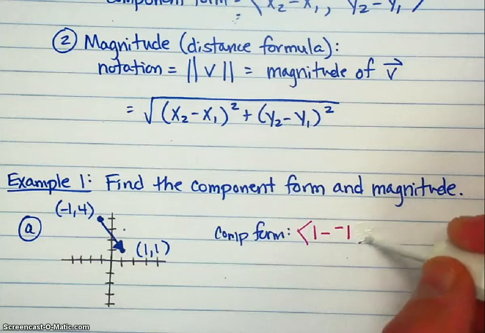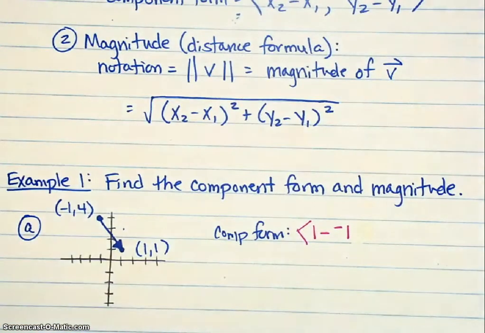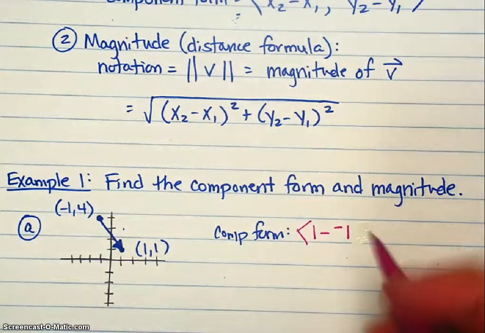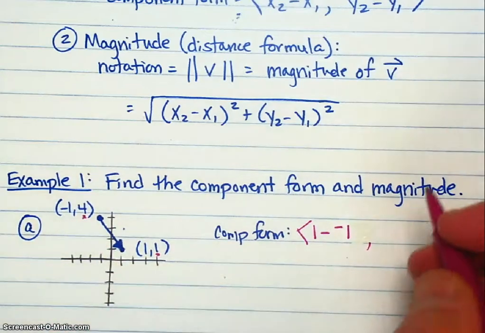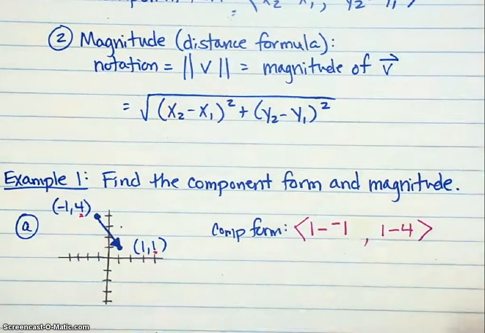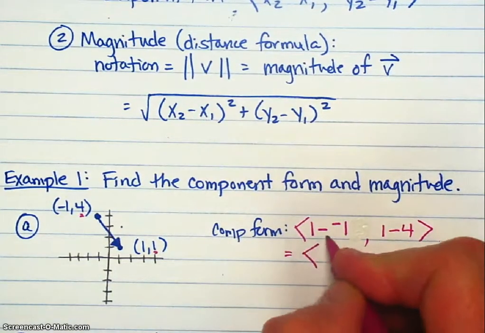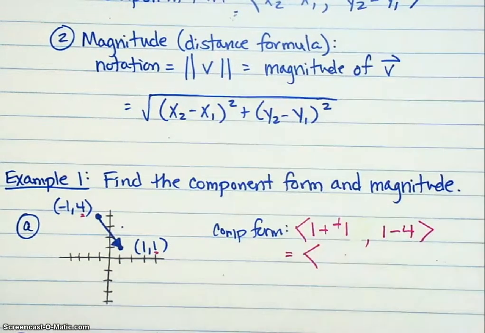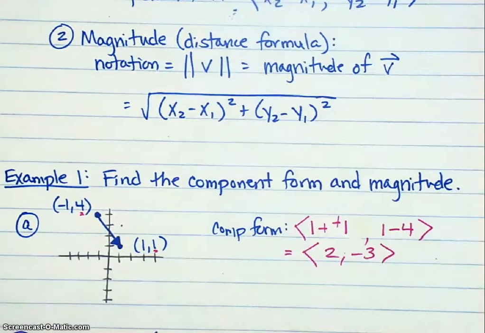All right, so there's the x component, 1 minus -1, and now for the y component, we take y2, which is the 1 here, and we subtract y1, so we've got 1 minus 4. When we work that out, 1 minus -1 becomes a positive, so that is 2, and 1 minus 4 is -3. There's the component form. Pretty simple.